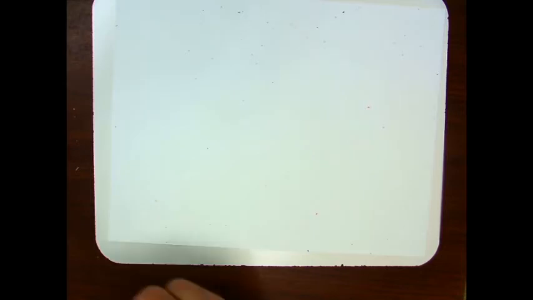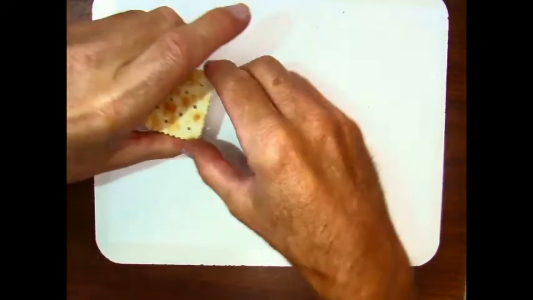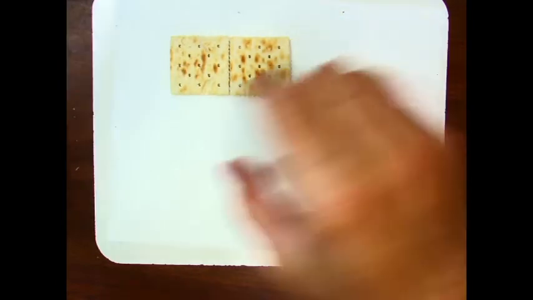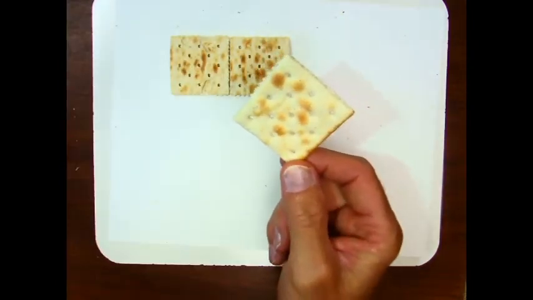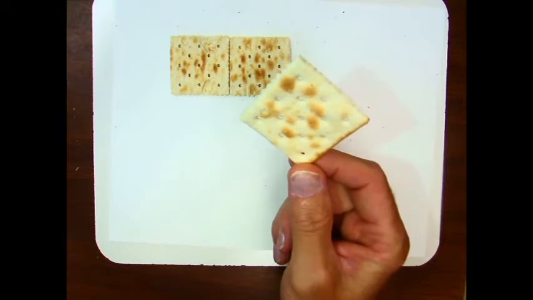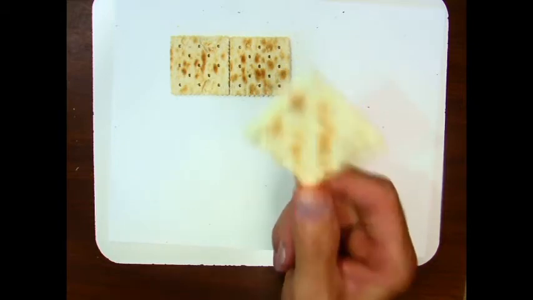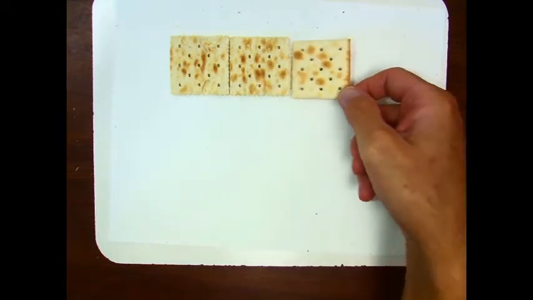For our concrete example, I'm going to use crackers. Now these crackers have a particular shape. You already know this shape. It's called a square.